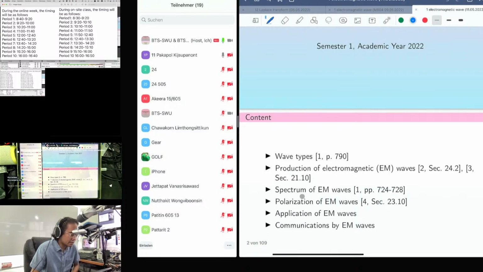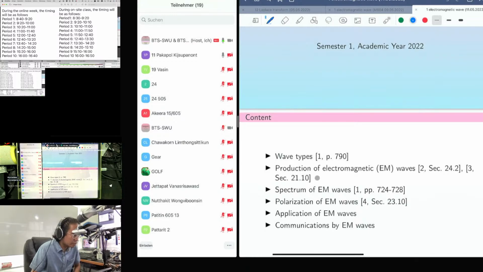And the next one is that because the EM wave covers a broad class of different frequencies, we will see the spatial behavior of each frequency band of electromagnetic waves.